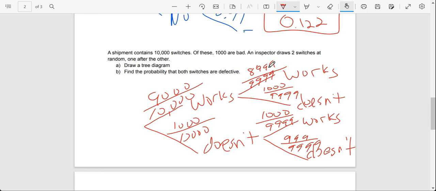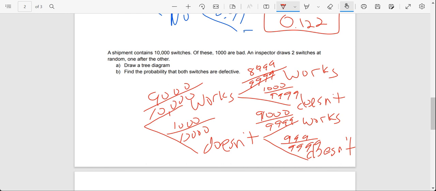So you go down to 8,999, and there's still 1,000 that don't work. And over here, you got doesn't work, one less that doesn't work, right? So instead of 1,000, you're going to have 999, and this should have been 9,000 right here. My bad. So that's what your tree diagram will look like.